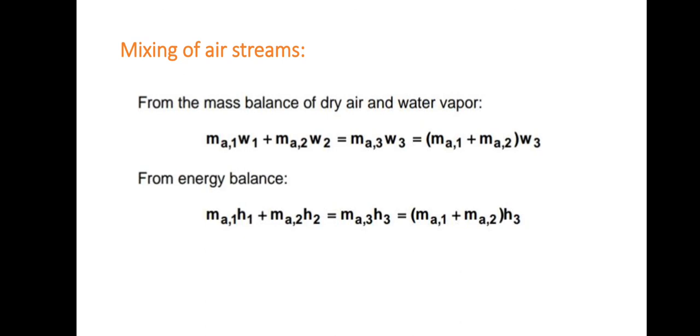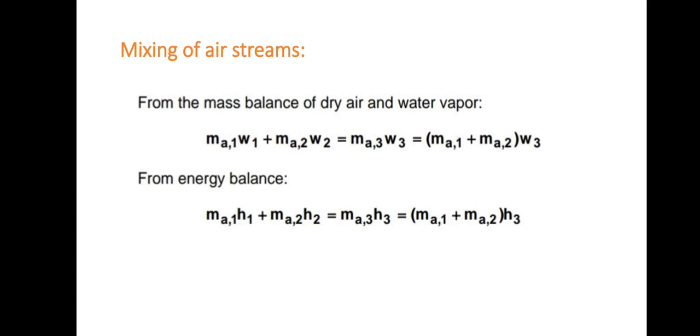Here, the mass balance of the dry air and water vapor: Ma1 W1 plus Ma2 multiplied by W2 is equal to Ma3 multiplied by W3. This is also equal to (Ma1 plus Ma2) multiplied by W3, because we have already seen that the mass flow rate at point 3 is the sum of the mass flow rates at points 1 and 2.